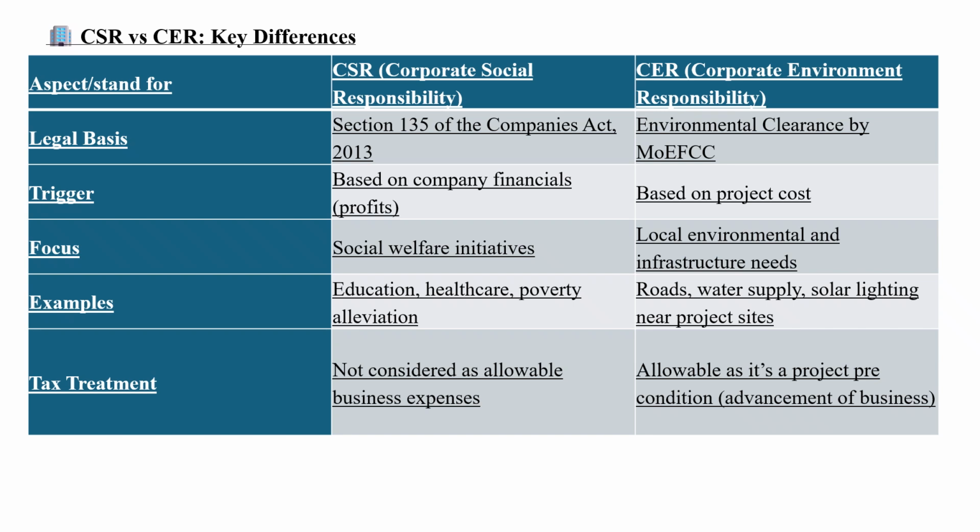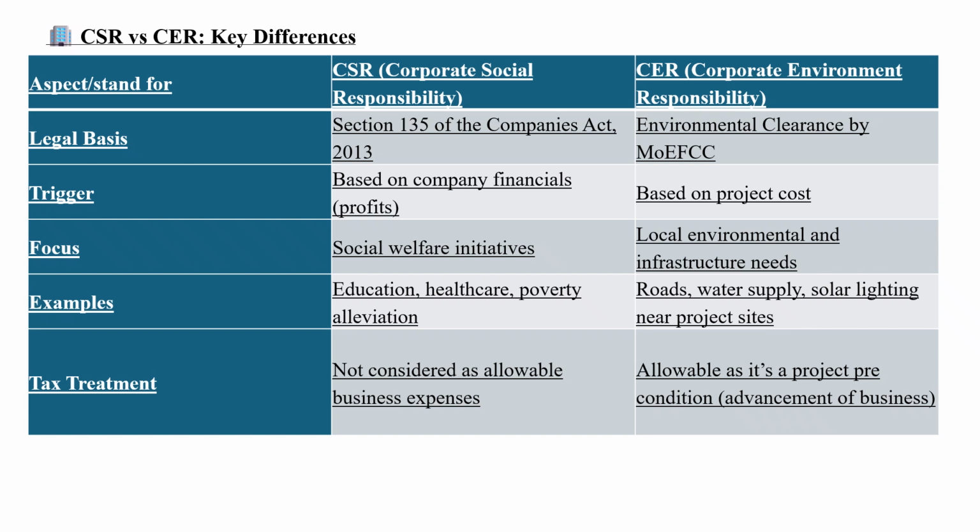CSR stands for Corporate Social Responsibility, while CER stands for Corporate Environmental Responsibility. Legal basis: Section 135 of the Companies Act 2013, read with the CSR Rules, prescribes certain compliances and mandatory regulations to be followed, while CER is followed based on the environmental clearance by the Ministry of Environment, Forest and Climate Change, in short MOEFCC.